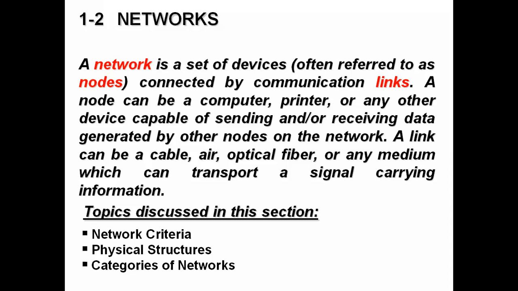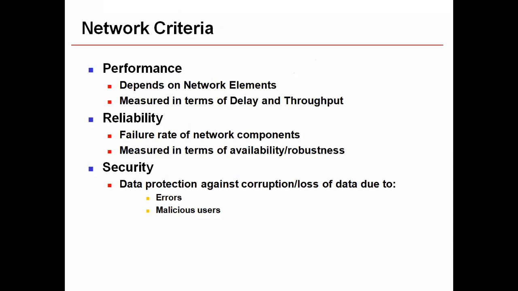So if you want to connect any system, if you want to form a network, then we should follow certain things. The first one, the performance. We have a criteria. There we have the performance.